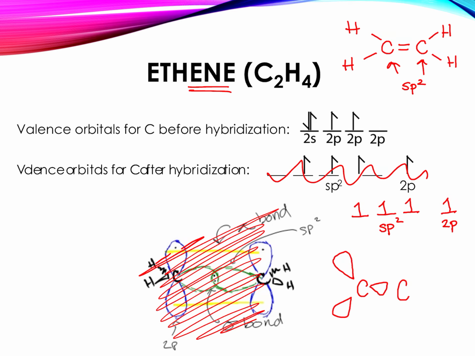So those are my sp2 hybrid orbitals. And then this carbon is going to have 1, 2, 3. Okay, those are all of our sp2 hybrid orbitals. They are going to form our sigma bonds, direct overlap right here. So there's 1, and then these are going to the hydrogens.